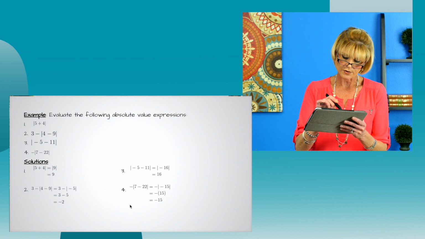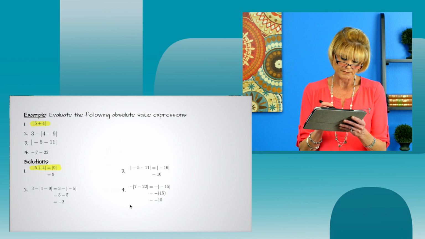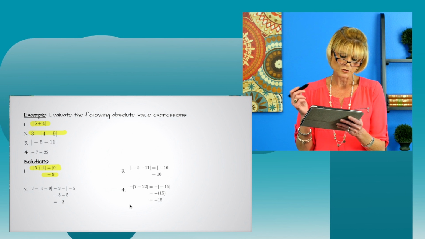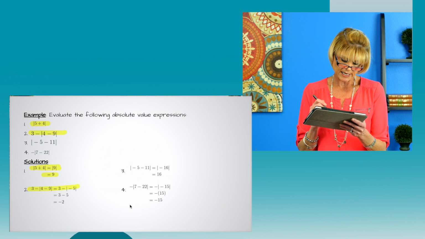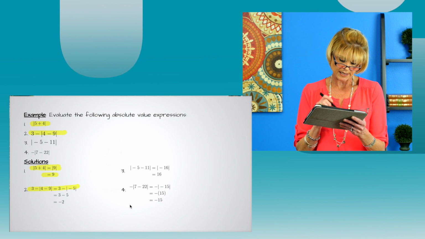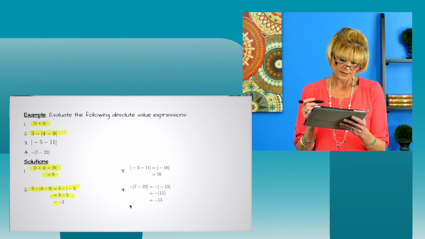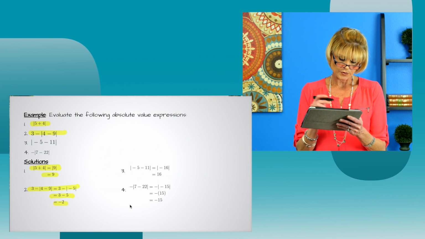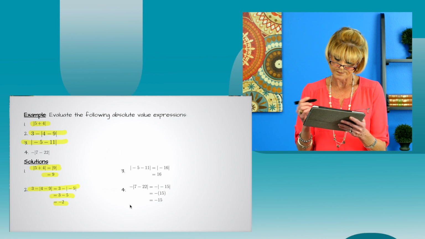The absolute value of 5 plus 4 would actually be the absolute value of 9, which is 9. 3 minus the absolute value of 4 minus 9 is 3 minus the absolute value of negative 5, which is 3 minus 5, and that gives us negative 2. Number 3 asks, what is the absolute value of negative 5 minus 11?